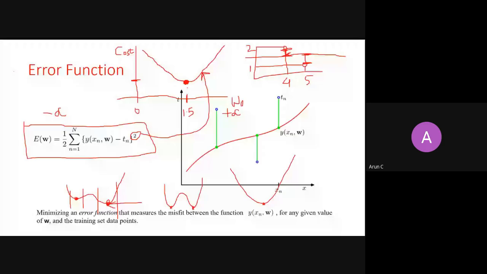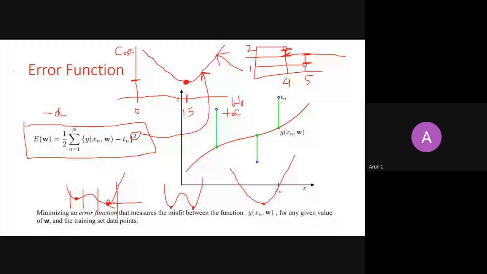A function like the square error has a unique minimum. If it has a unique minimum, then you will always uniquely get the parameter values. For example, every time you minimize this function, you always get 1.5 only. From wherever you start doesn't matter, because it has a unique minimum.